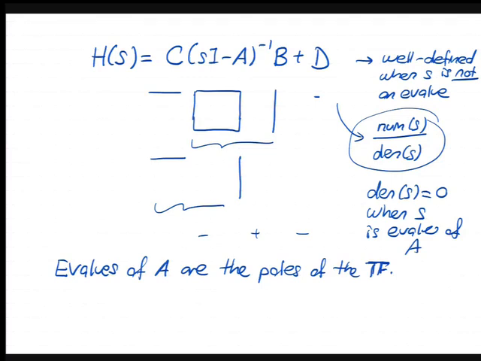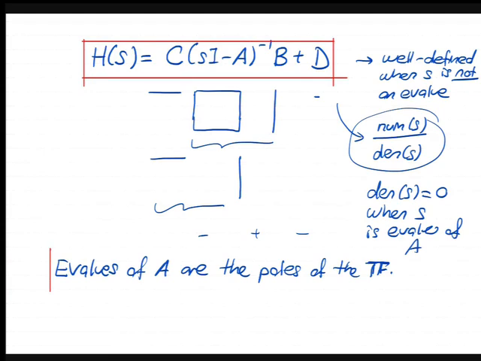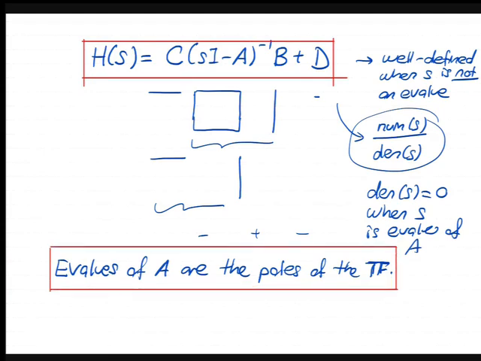Okay? So we found two important things. First, we found the formula for H of s from the state space form. And then we saw that the eigenvalues of A are related to the poles of the transfer function in a very simple way. They are the same. Okay? All right. So you seem to be with me. Nobody's complaining. So let's look at a couple of examples then.